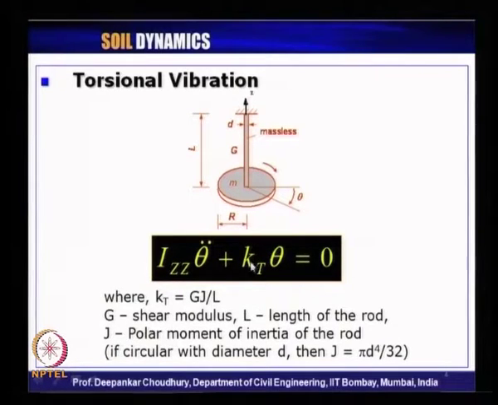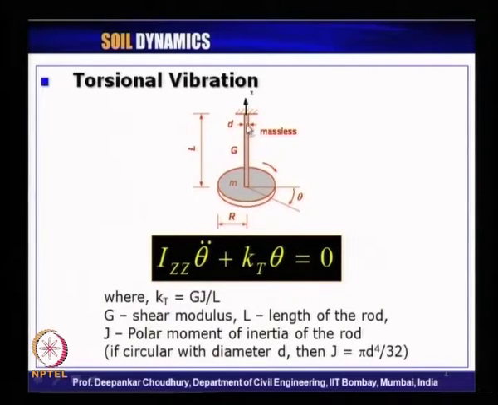And to compute the torsional spring constant k_t, the expression is G J by L, where G is the shear modulus, L is the length of the rod, and J is the polar moment of inertia of the rod.